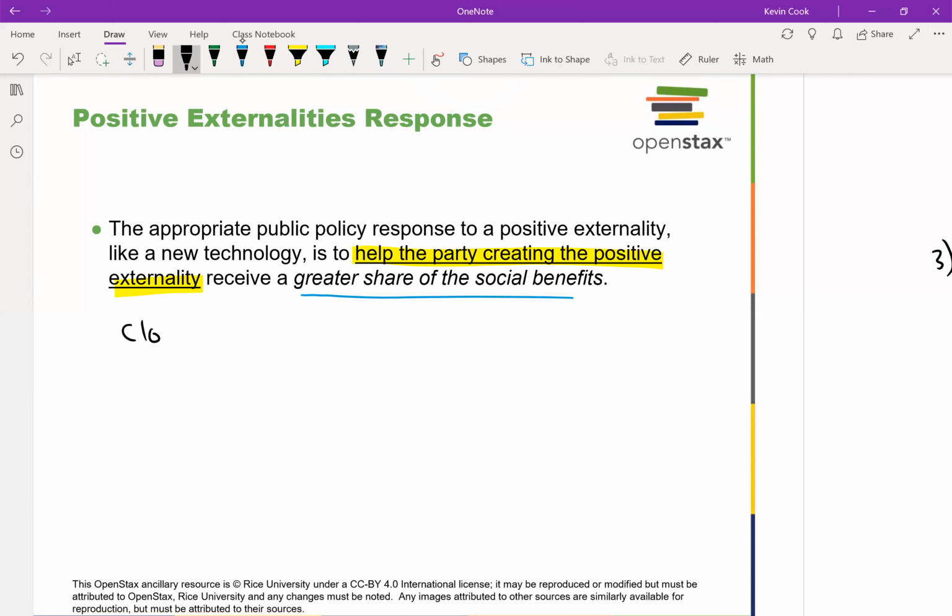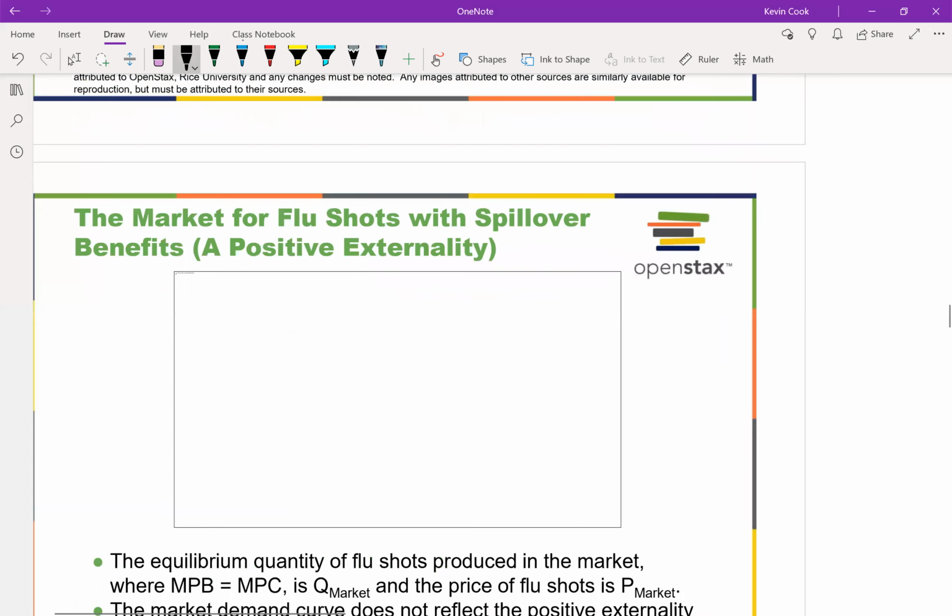So our policy goal, the overall idea, is to close the gap between our social outcome and our market outcome. And this can be done with a couple of tools that we may see.